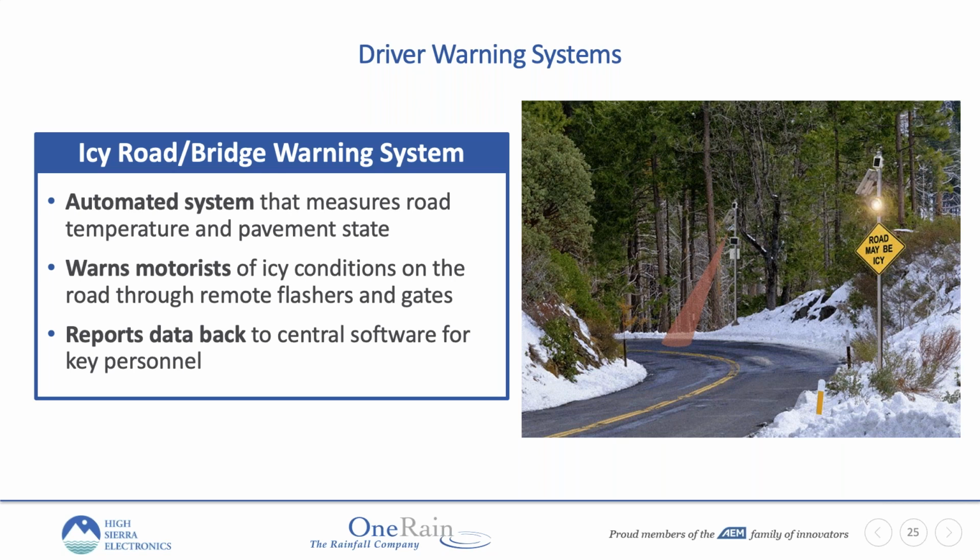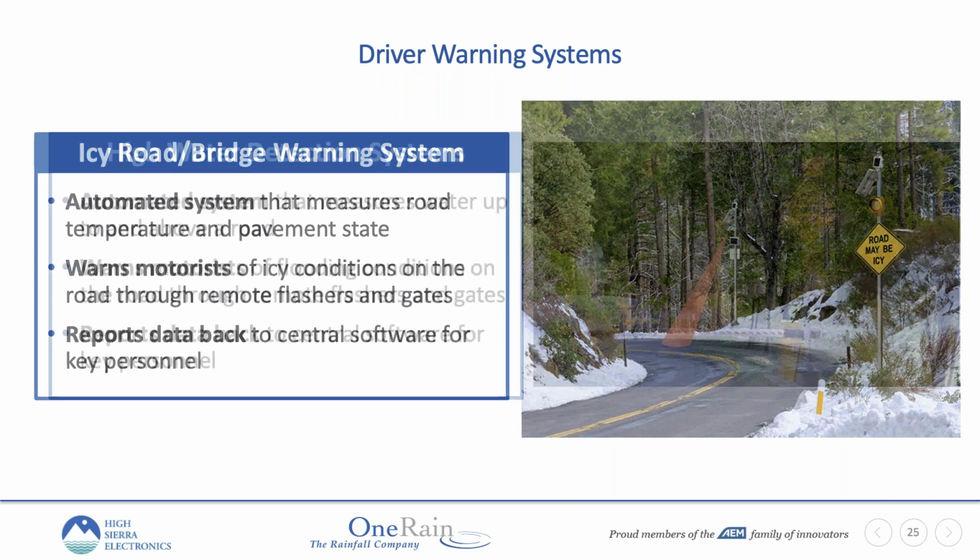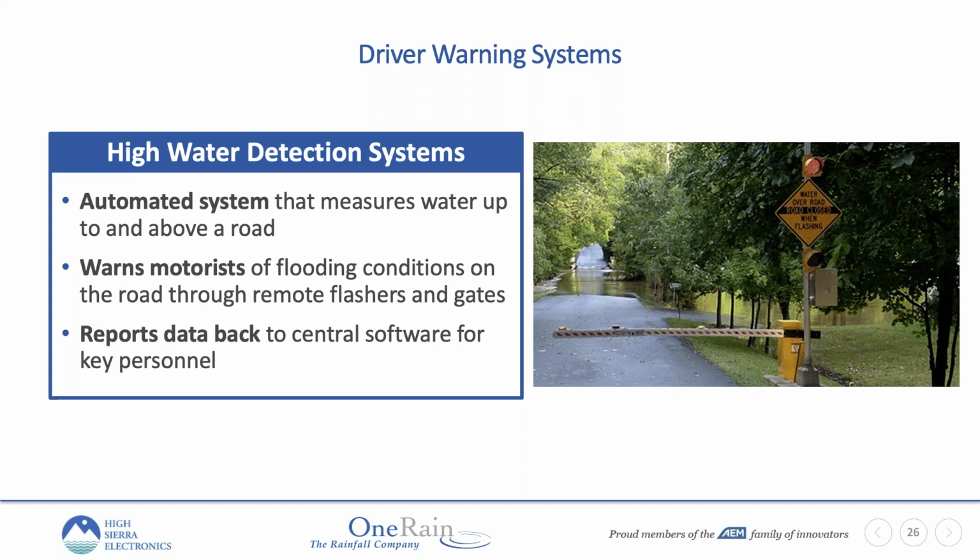We can also do the same thing as we're doing with winter weather and maybe an icy road or icy bridge deck scenarios. We can also do the exact same thing with water on road, right? So the same infrastructure, the same system, the same solution is delivering both wintertime warning as well as water on road and swift water issues. So in this case, we're measuring the water up to the road level.